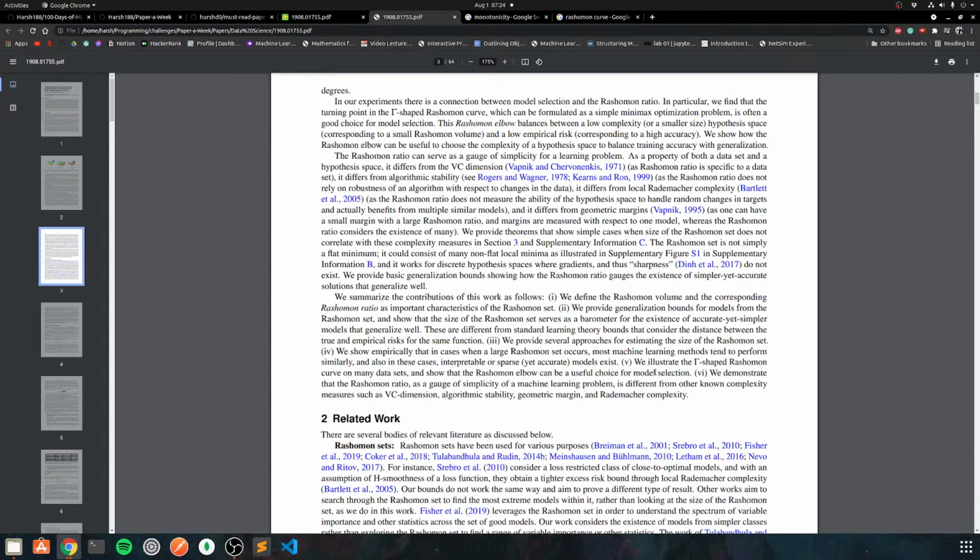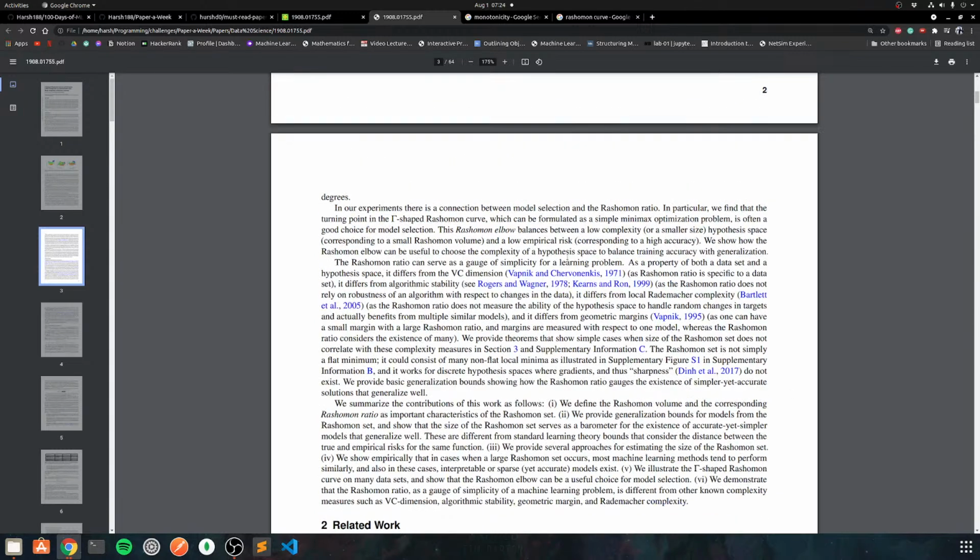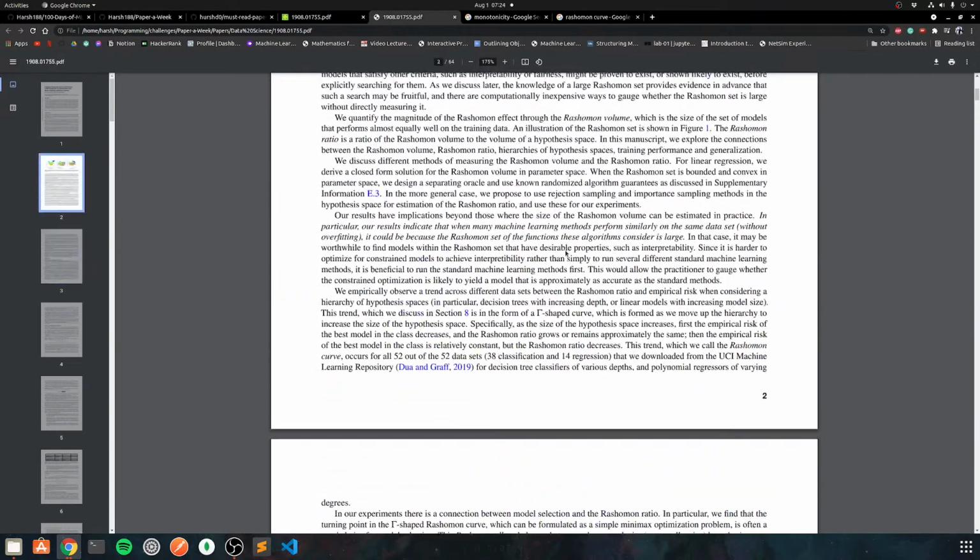We do this by creating this ratio called the Rashomon ratio, which compares the Rashomon volume to the volume of the hypothesis space. This setup will be explained throughout the paper. That's pretty much what the introduction was trying to say.